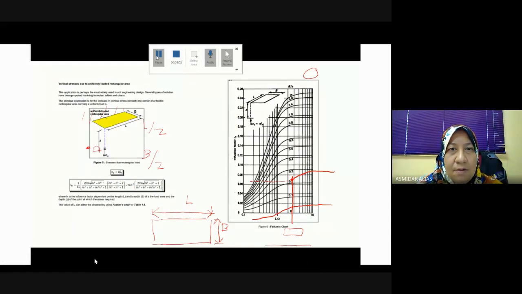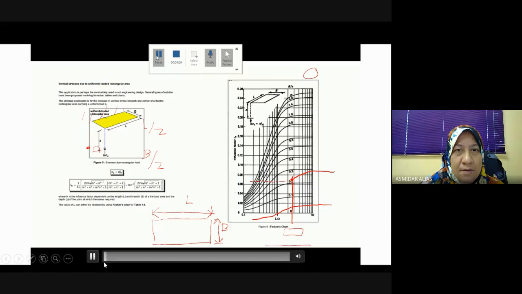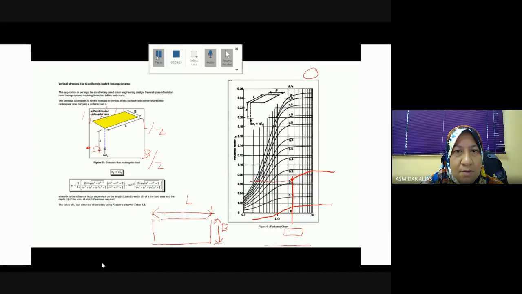Now is the final part, which is that we need to know how to calculate vertical stress if you have a rectangular shape, and of course an irregular shape. For this, you have more than one method. You have the method of using the Fadum chart, which I show you in the slide right now. Then we have the method of using the table, which we already know how to use.